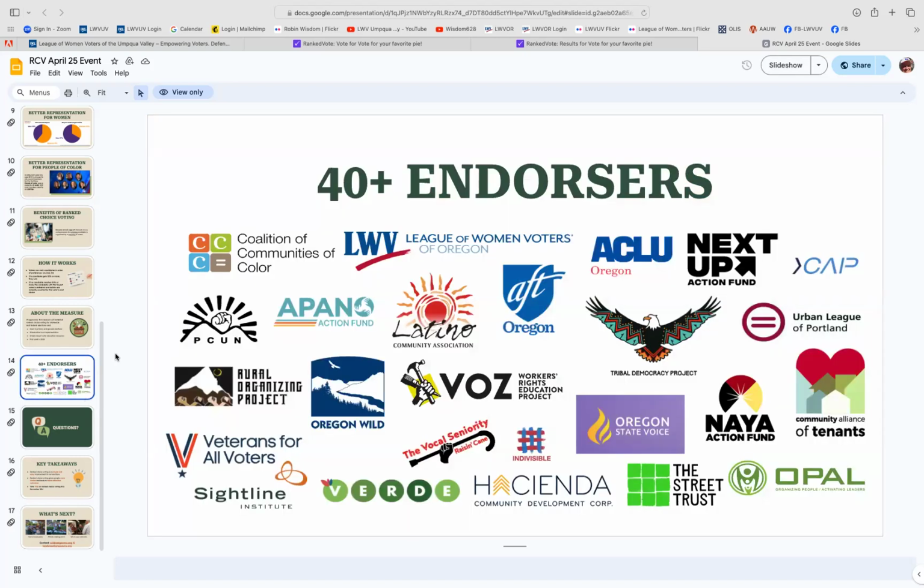All right, so on this slide, you are looking at a lot of different logos of organizations. Currently, we have a coalition of over 40 supporting organizations. I just wanted to talk a little bit about some of these different examples. We do have the support of the State League of Women Voters of Oregon, which has been really incredible to have.